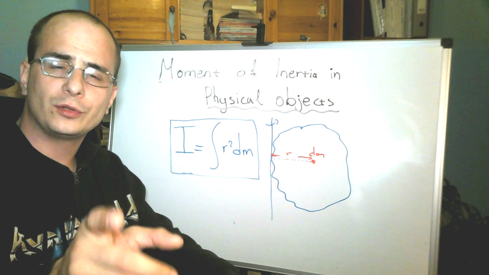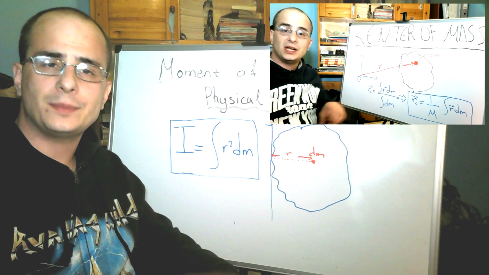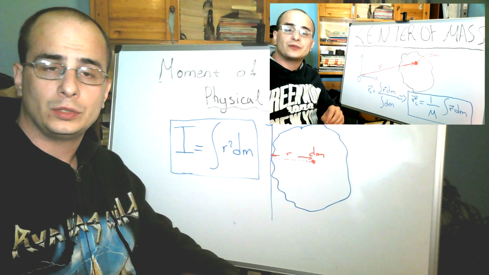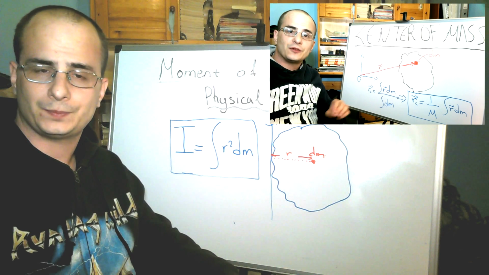Let's move on to the moment of inertia in physical objects. Just like we did before in the episode on center of mass, here we're also going to assume that the object consists of several point masses.